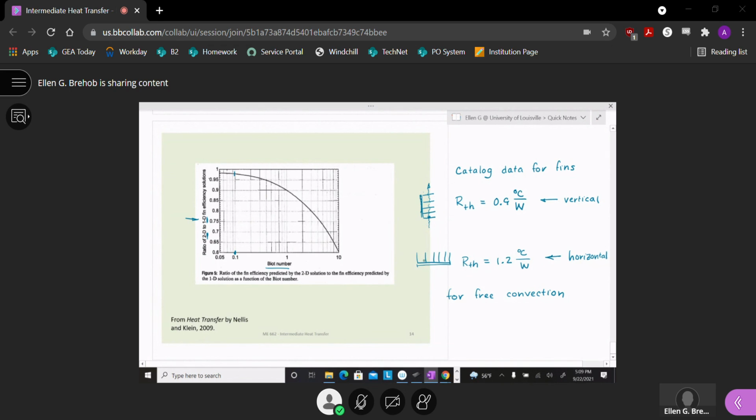But in the horizontal case, the heat moves up over these fin surfaces. It has a tougher time. It's maybe coming in from the sides, but it's a little less effective to get cool air into this horizontal orientation, so it's got a little bit higher thermal resistance.